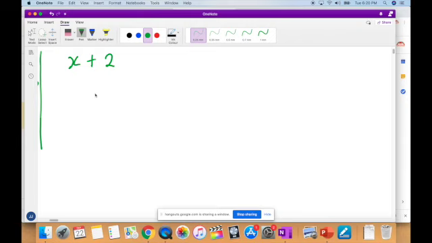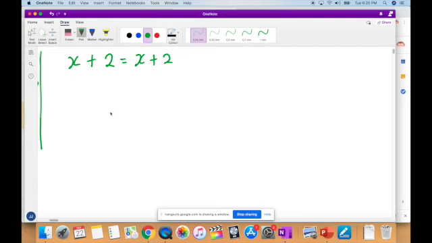Scotia? We don't know what x is. Right, exactly. We do not know what x is. So x plus 2 will just remain x plus 2.